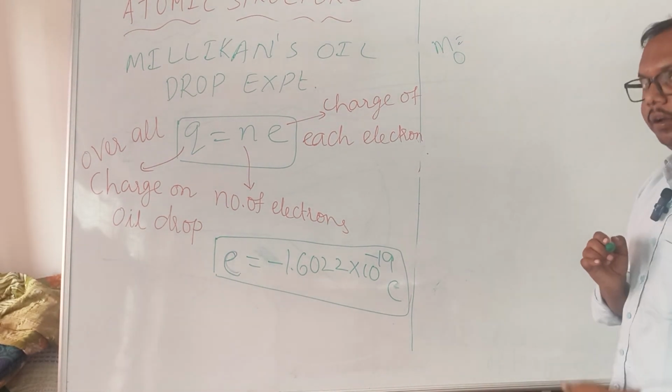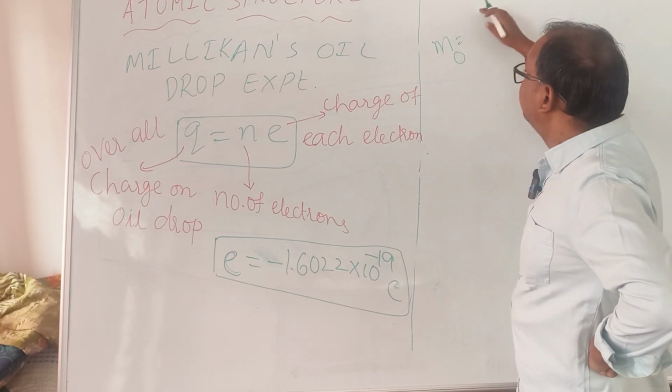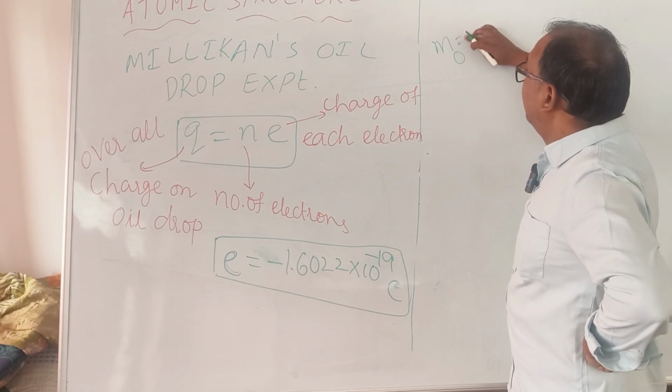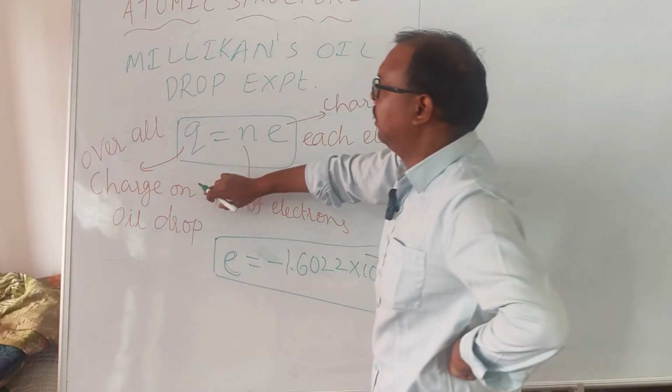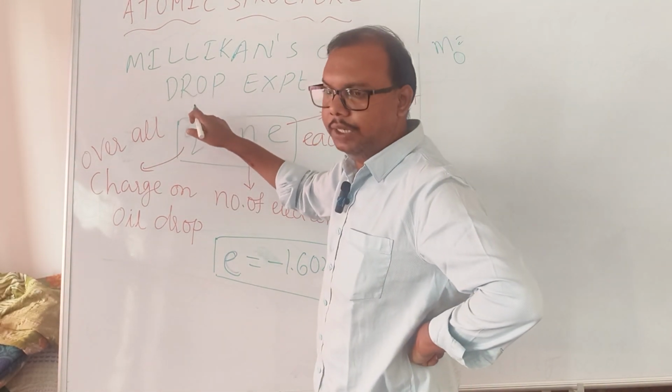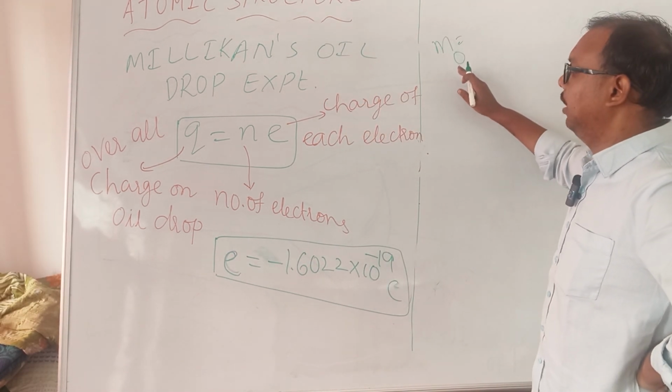Keep that in mind, all of you. When the electron is present on the oil drop, it does not move, that's why it is called the rest mass of the electron.